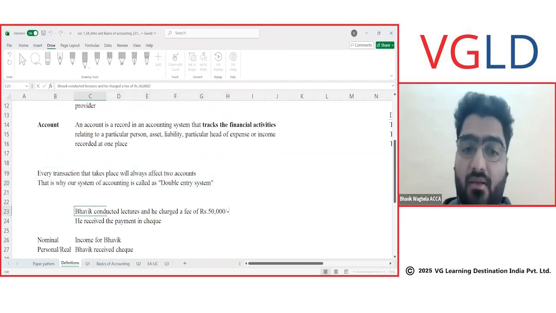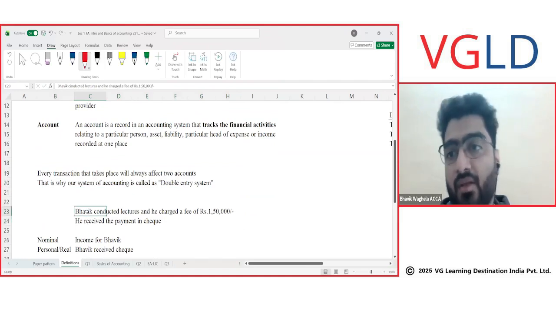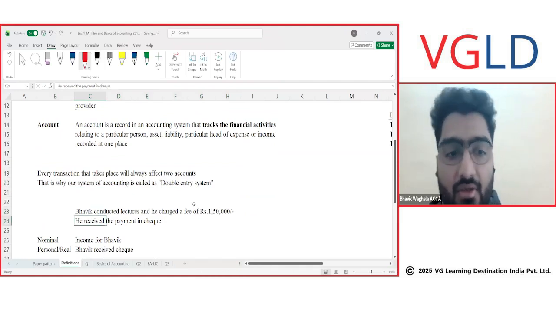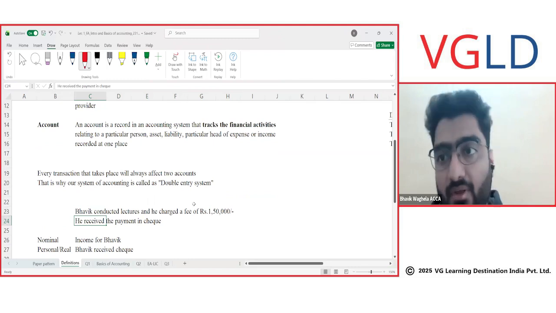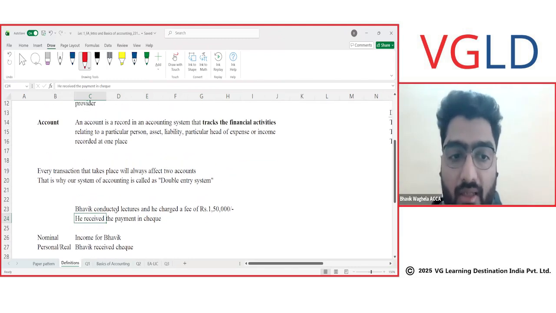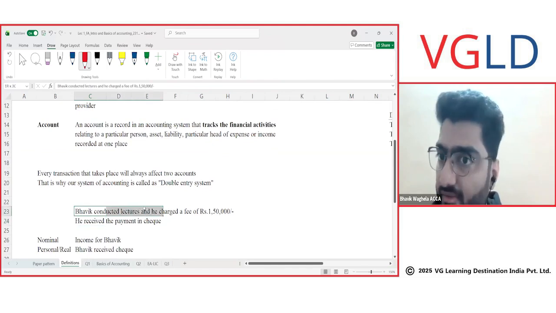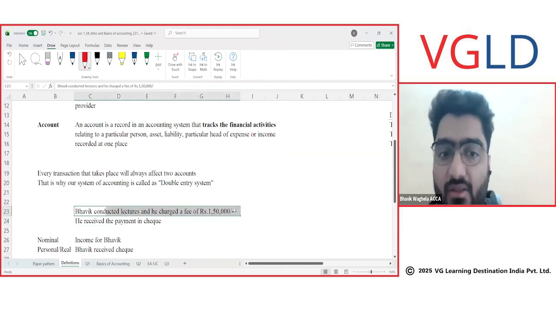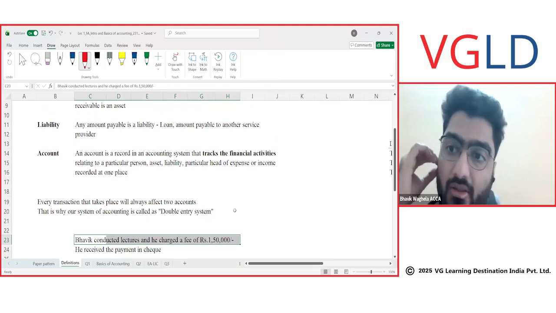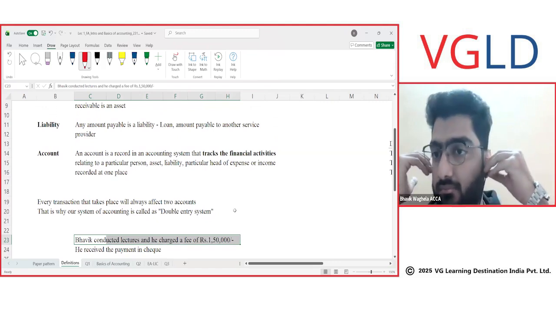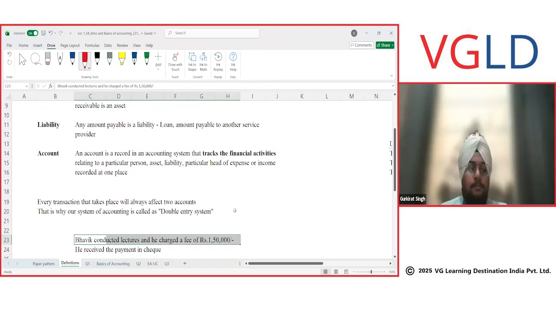Now let us say Bhavik conducted lectures and he charged a fee of 150,000 and he received the payment in cheque. Now what happened here is Bhavik conducted lectures and he charged a fee. So tell me, is this an expense for Bhavik or income for Bhavik? Income.